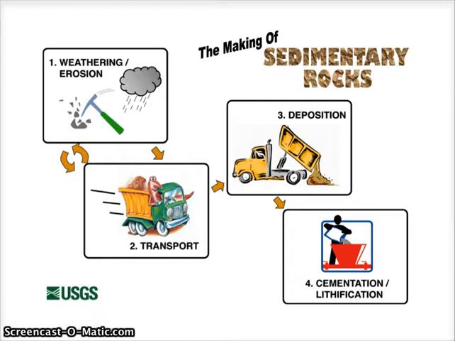Think of deposition as like putting money in a bank in a particular place. All of these little sediments are going to wind up in a particular place. And then finally, the next process that would happen would be for the little particles, the sediments, to be cemented together, compressed and lithified to create sedimentary rock.